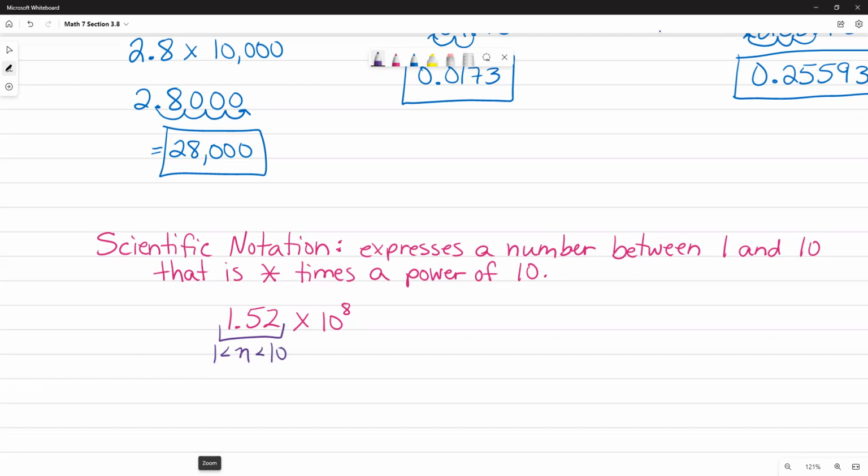So if it's in proper scientific notation, you would never have 10.152. You need to move it over. So it's 1.0152 and then add a number to the exponent of the power of 10. And then this is always a power of 10. So it would never be 20 to the power of 8 or 30 to the power of 8. It would need to be a power of 10. So it's always in exponential form.